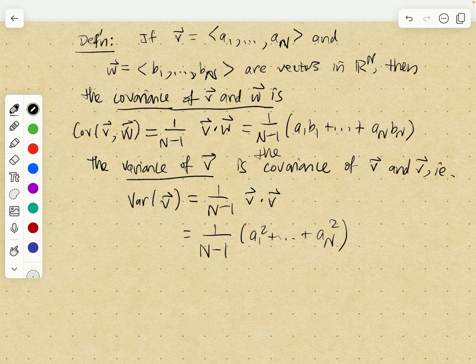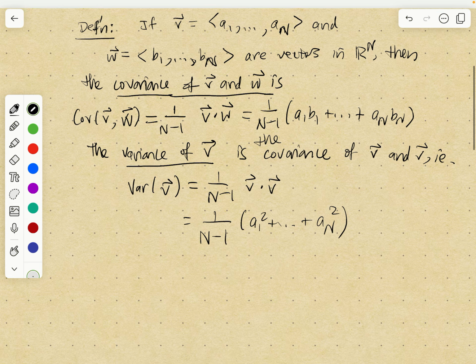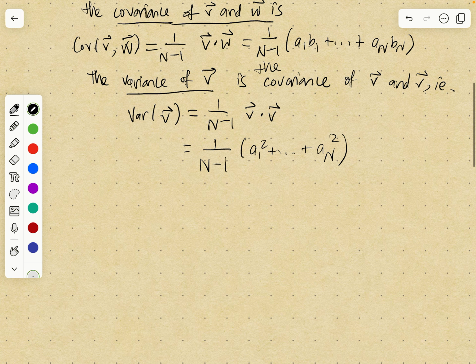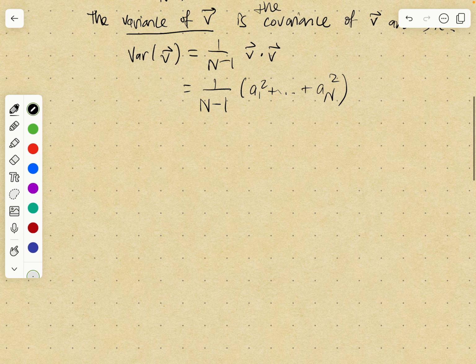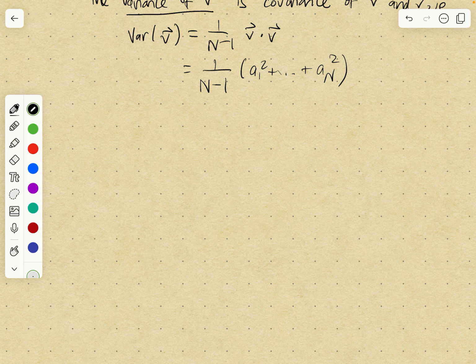Now, how is this related to matrices? Let's say that you have a bunch of vectors, a1 through an. So let's say that you have this matrix B, and its rows are a1 through an. This is, say, an n by p matrix, with n rows.